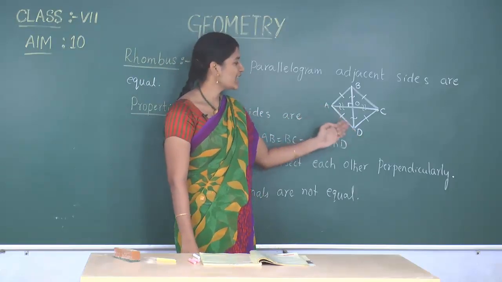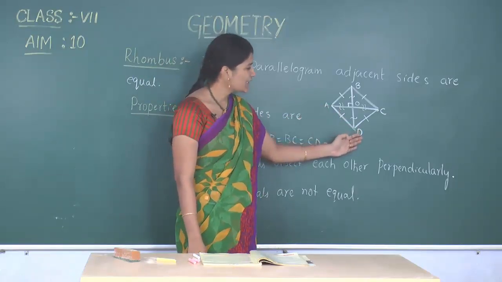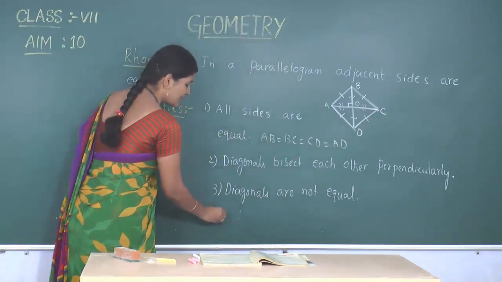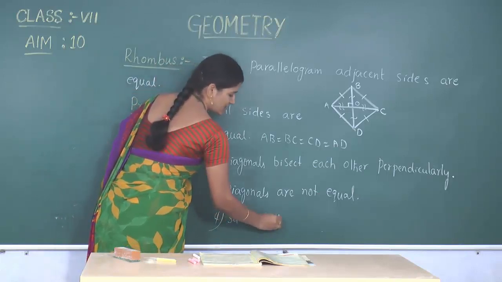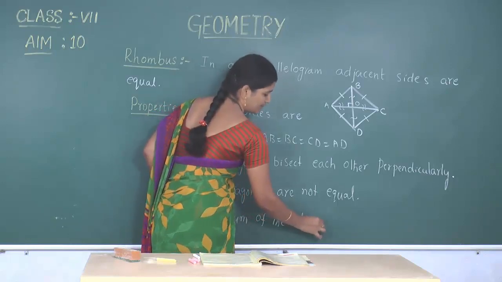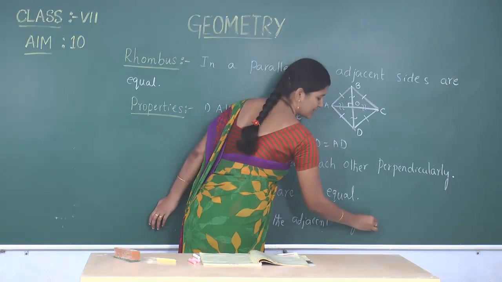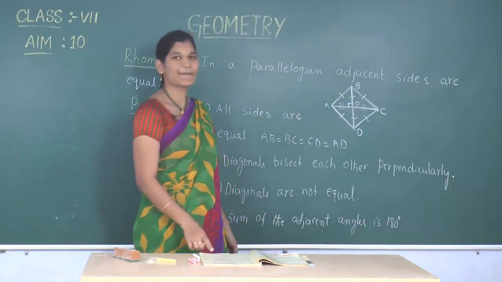If you add angle A plus angle D, it gives 180 degrees. Angle D plus angle C also 180 degrees. Sum of the adjacent angles is 180 degrees.